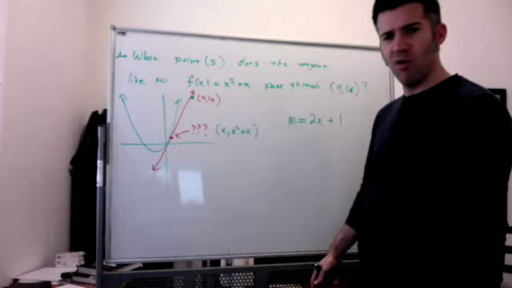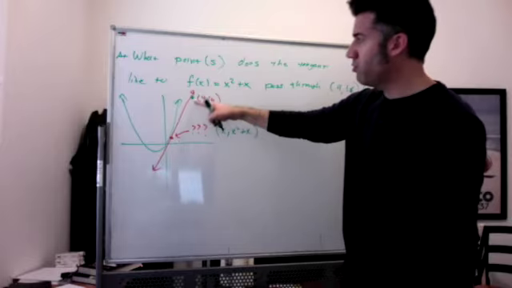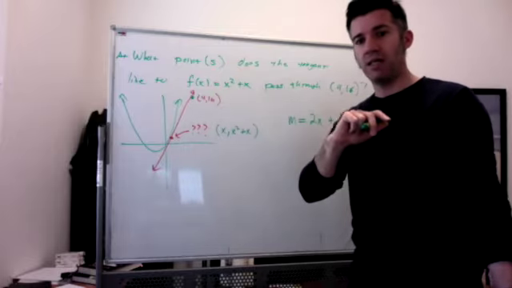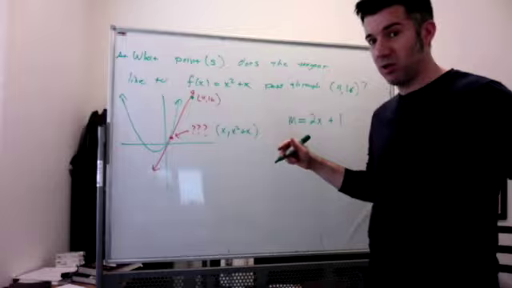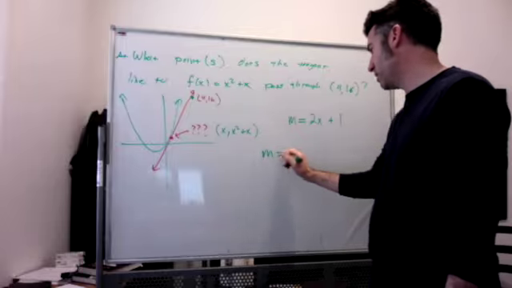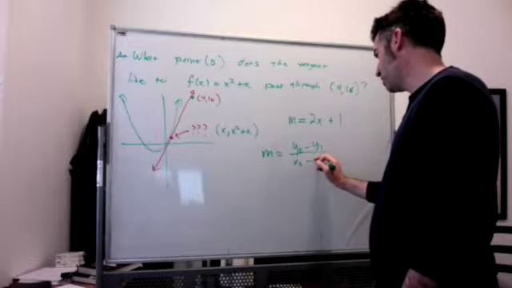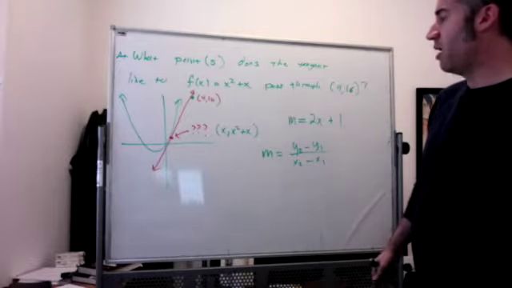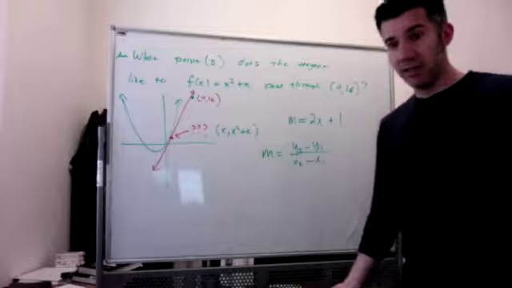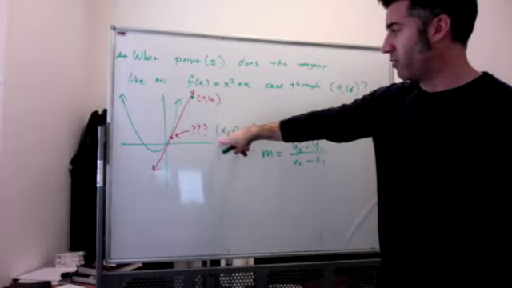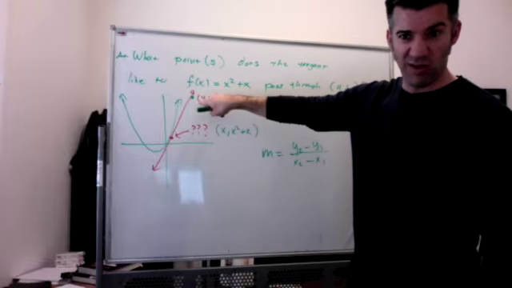We can say, oh, I have 2 points. I know how to find the slope of a line between 2 points. I'm using the slope formula. So the slope is y2 minus y1 over x2 minus x1. And you can kind of go either order. It usually makes sense to do the variable things minus the known things.